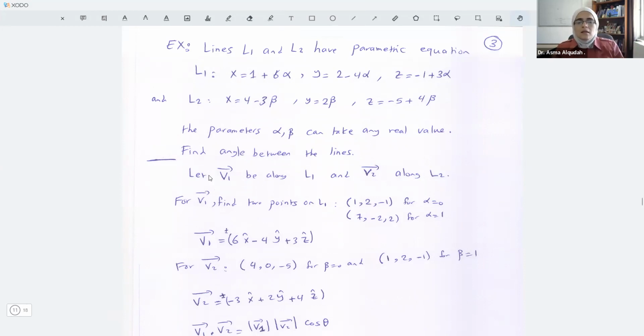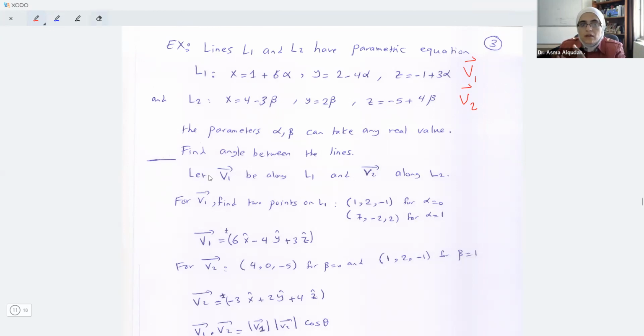The procedure was that we find a vector V1 that is parallel to L1, and then find another vector V2 that's parallel to L2, and then after finding the two vectors, we do the dot product between them, and if the dot product is equal to 0, then the two lines are perpendicular to each other, and if it's not 0, then we find the theta, or the angle between the two vectors.